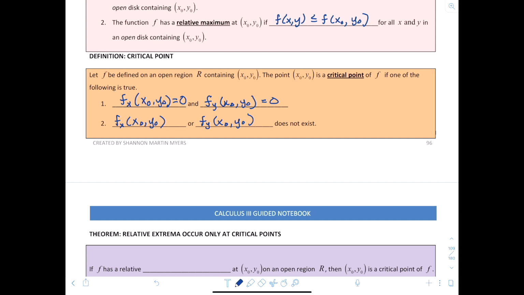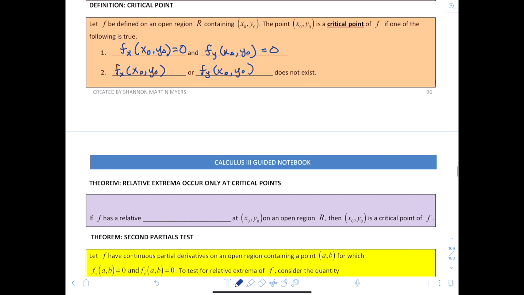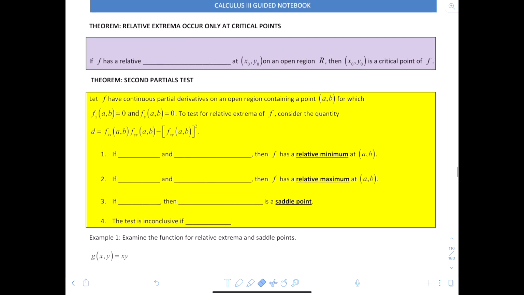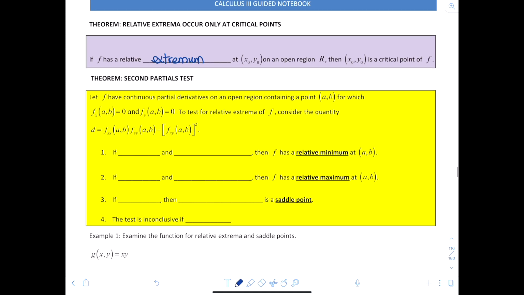But remember that x0, y0 is a point on the open disk, so it's basically part of the domain. All right, so the theorem: relative extrema occur only at critical points. So if f has a relative extremum, that's the singular of extrema, at x0, y0 on an open region R, then x0, y0 is a critical point of f.